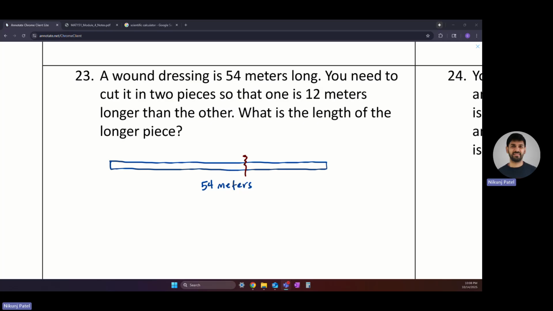So let's just label the 2 pieces. Let's label the longer piece as A. And since it's a longer piece, the other piece needs to be 12 meters shorter than A. So A minus 12.